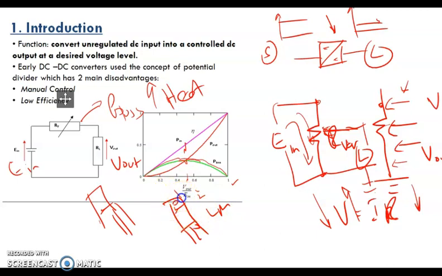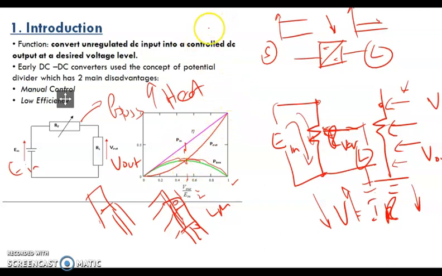This metal tab should be attached to a heatsink. We shall look further at the heatsink and power dissipation issues in the final chapter of this subject.